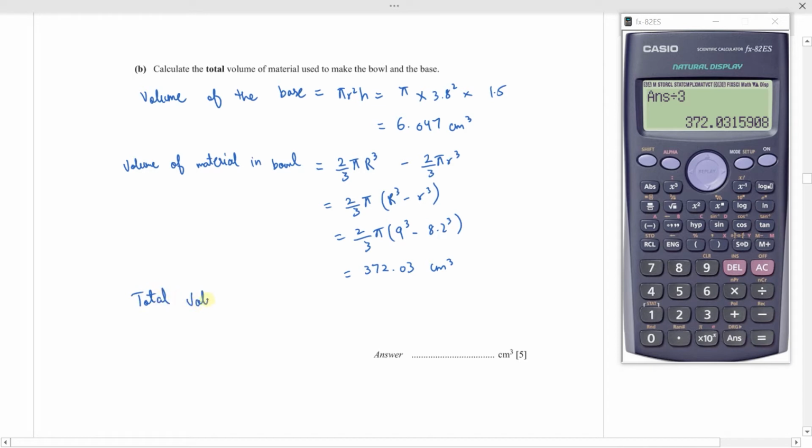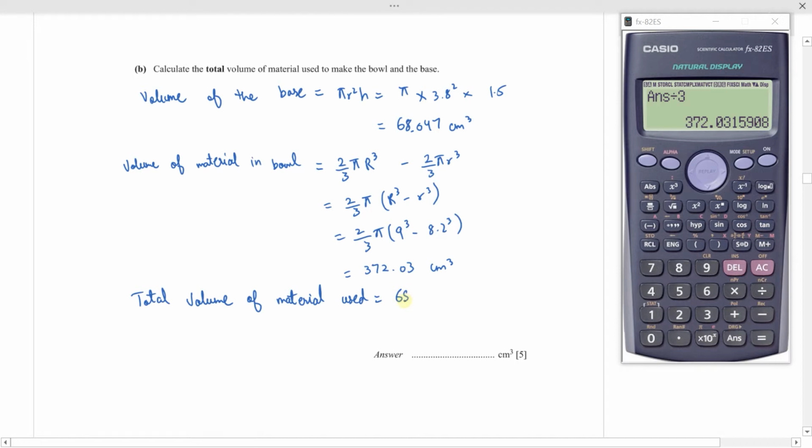So now the total volume will be the sum of these two. Total volume of material used will be, sorry, this was not correct. So this was 68.047.